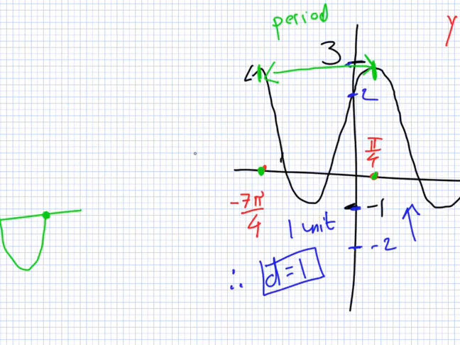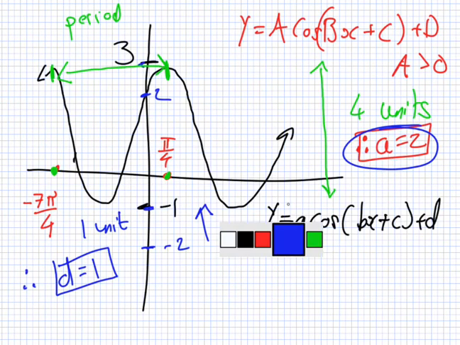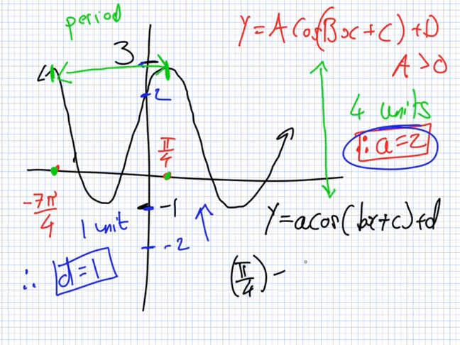So let's work out the distance here. It finishes at pi over 4, and it starts at minus 7 pi over 4. If you type this on the calculator, you get 2 pi. So the distance from here to here is 2 pi. But what should it be? It should be 2 pi.